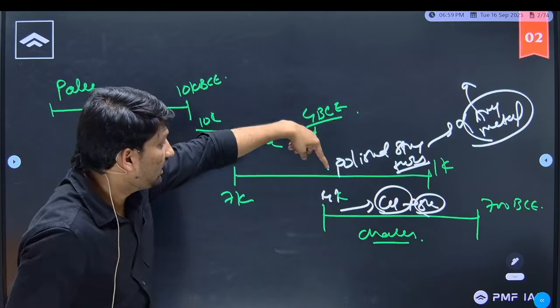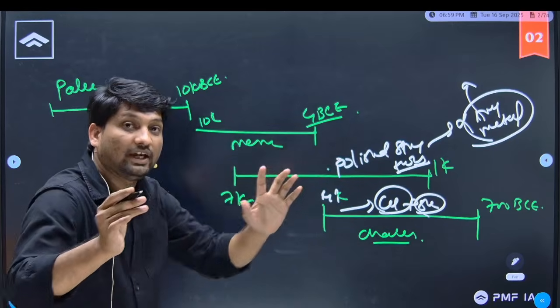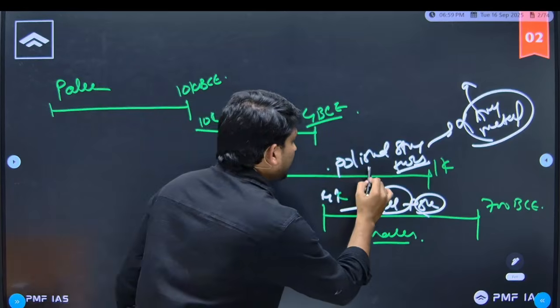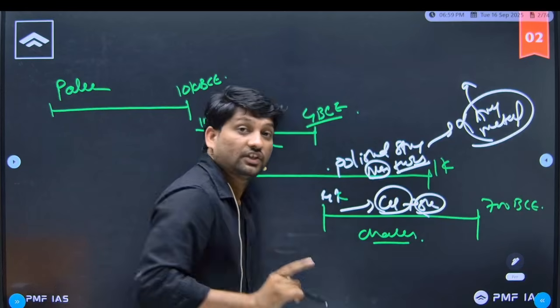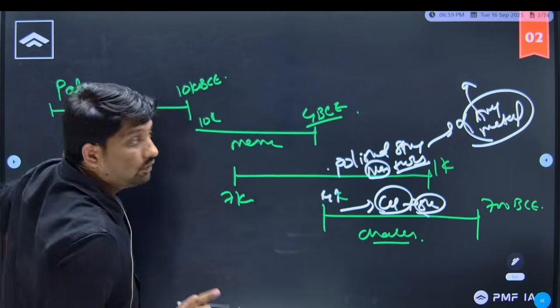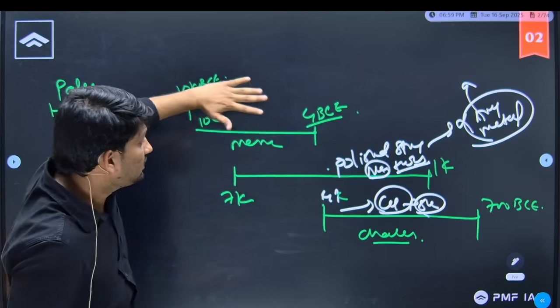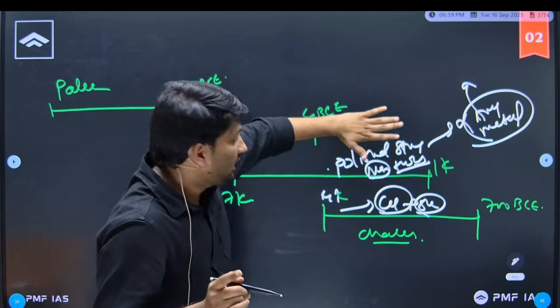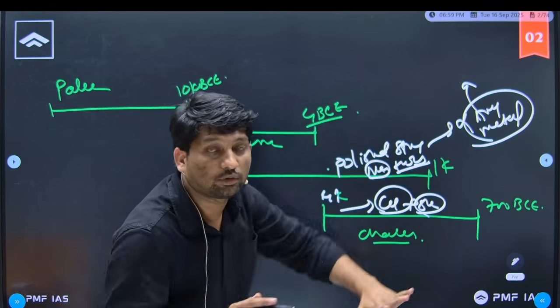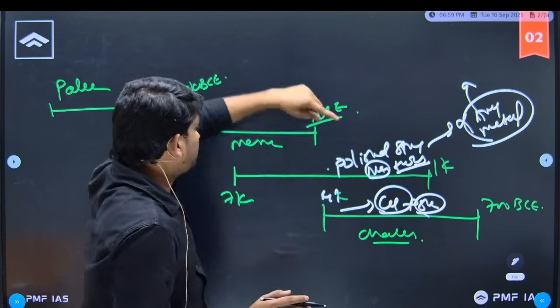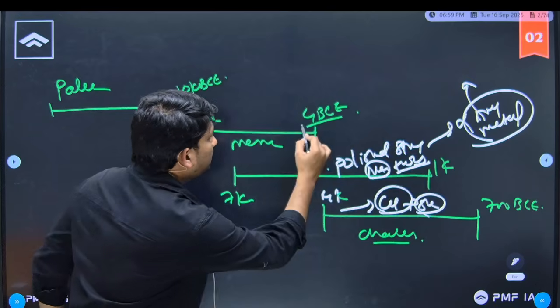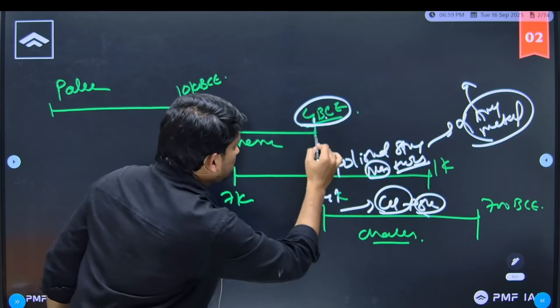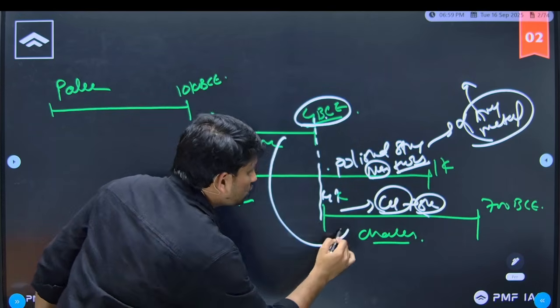Means you can definitely find, at the same time in different regions, some sites are Neolithic and some sites are Chalcolithic. If you think that after the Paleolithic phase there is Mesolithic, and after the Mesolithic phase every site will go first through Neolithic and then Chalcolithic, then this is a wrong concept. Suppose around 4000 BC, it's quite possible that people directly start using copper.